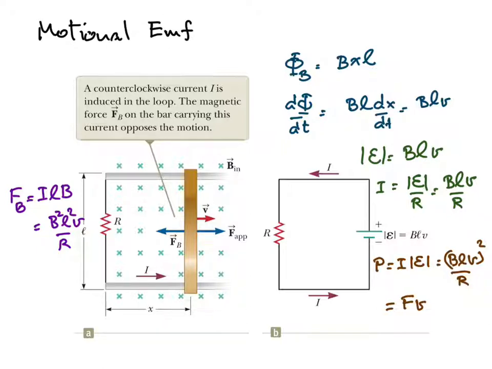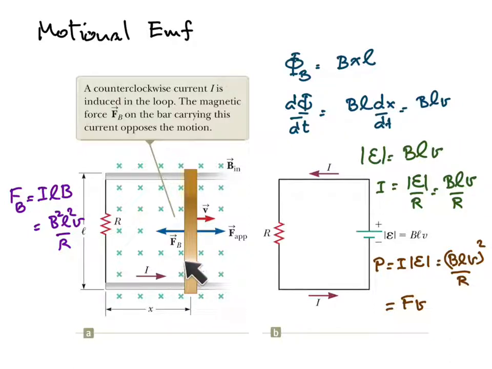Let's consider the case that we have the wire loop like this. This is a wire loop, and this T part or edge of the loop is fixed.